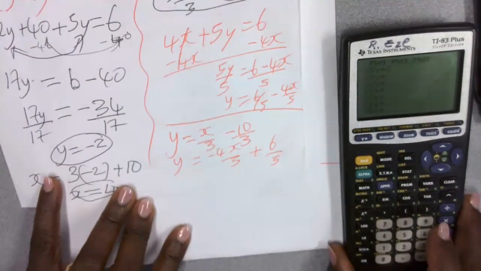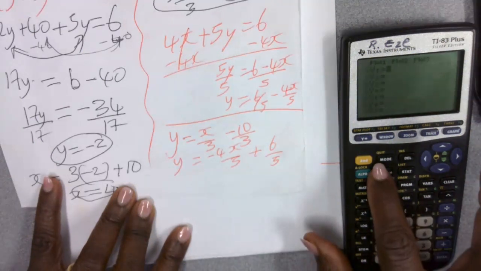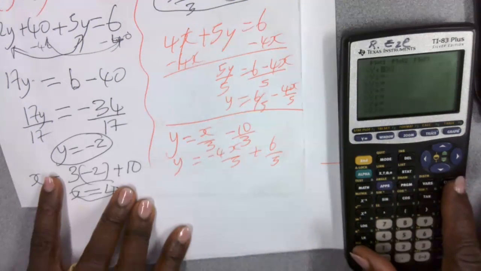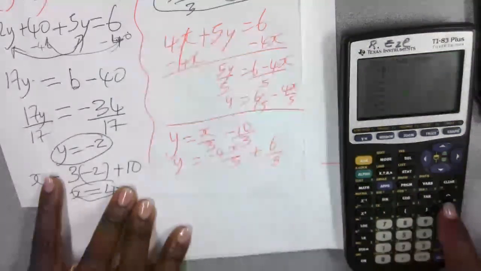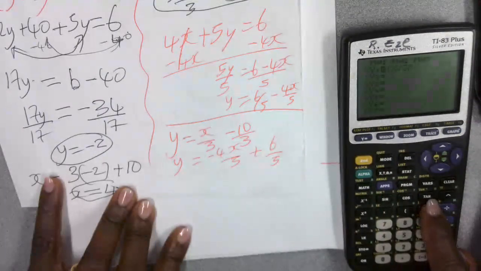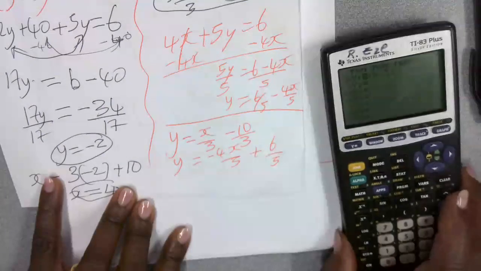So I have x divided by 3 minus 10 divided by 3. I can use parentheses if possible. If you have any problem, you can use parentheses. X divided by 3, close parentheses.